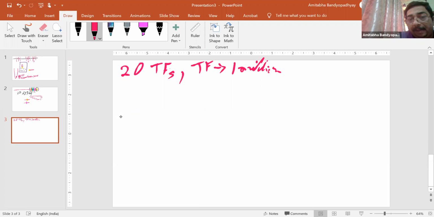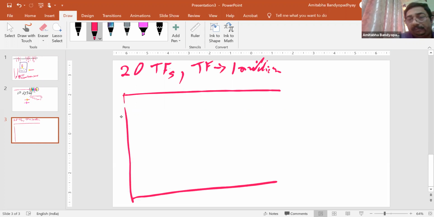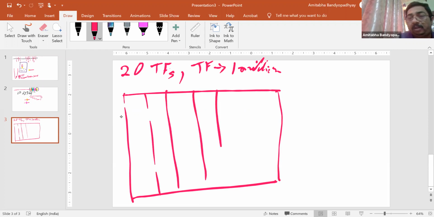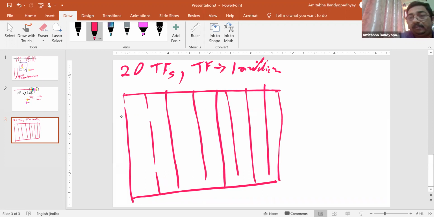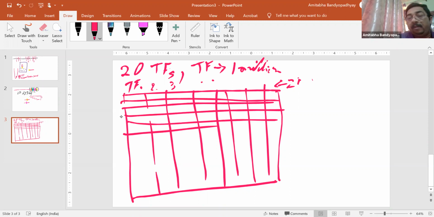So you will have a table with 20 columns for transcription factor 1, transcription factor 2, 3, like this, and a million rows, right?